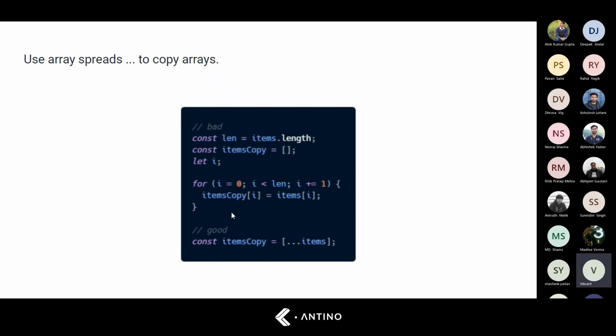Here you can see in the bad code, we have made an iteration depending on the length of the items. Anyone has any question here?